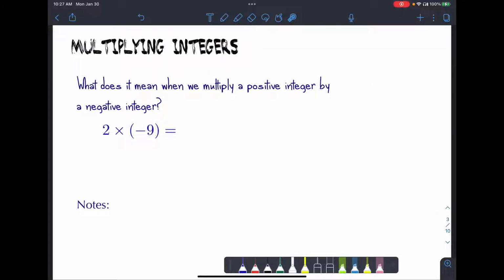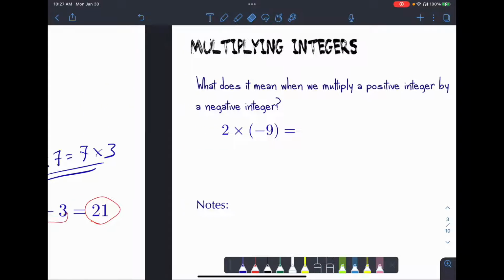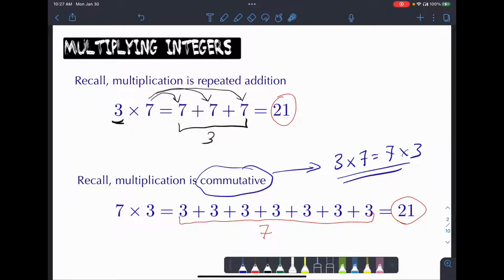So let's talk about multiplying integers now. We have this example over here. We have 2 times minus 9. And we're going to approach this very much the same way we did with natural numbers. So the 2 is the number of times we're going to add minus 9. That's just like the problem we did here, where 3 is the number of times we added 7.